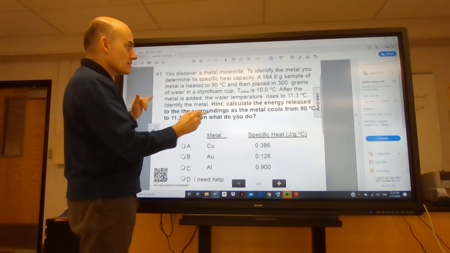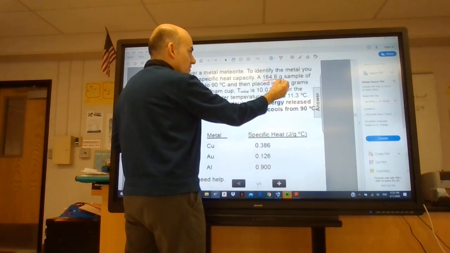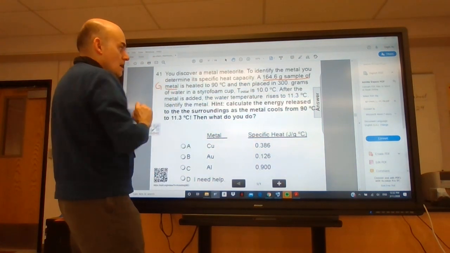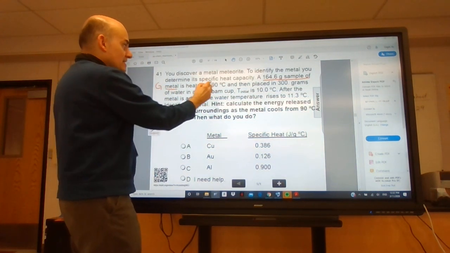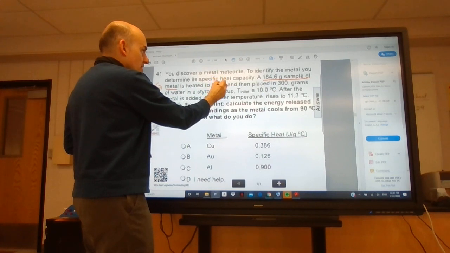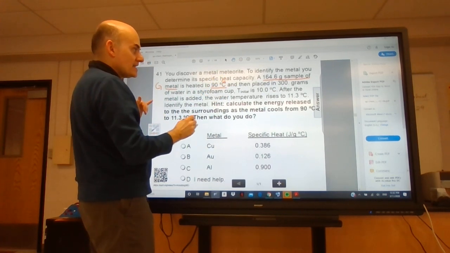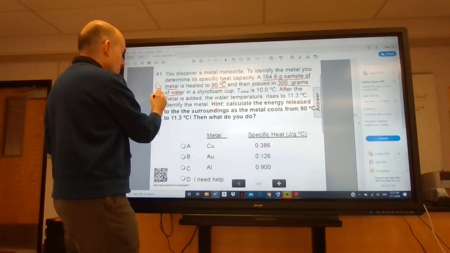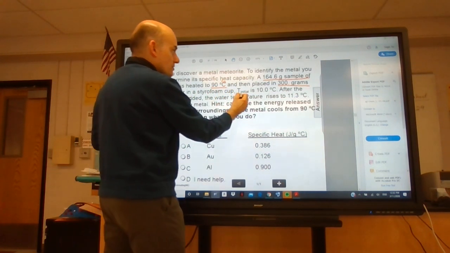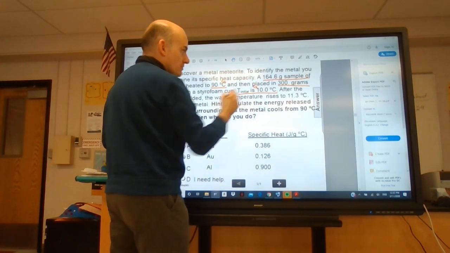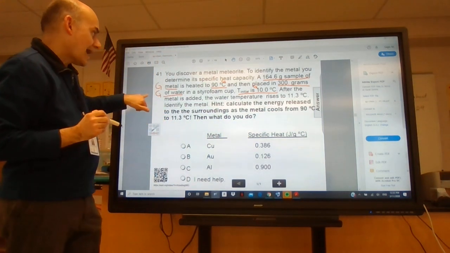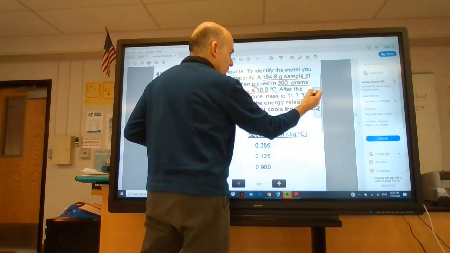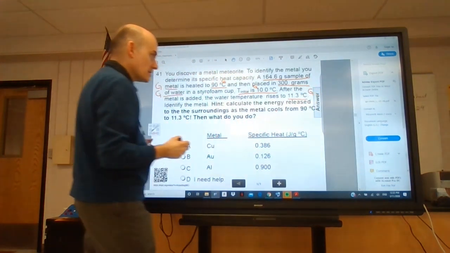We see here that we have 164 grams of metal. It's heated to 90 degrees C, and then it's placed in 300 grams of water. T initial is 10 degrees C. After the metal is added, the water temperature rises to 11.3 degrees C.